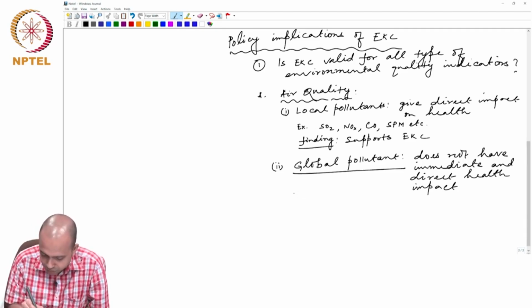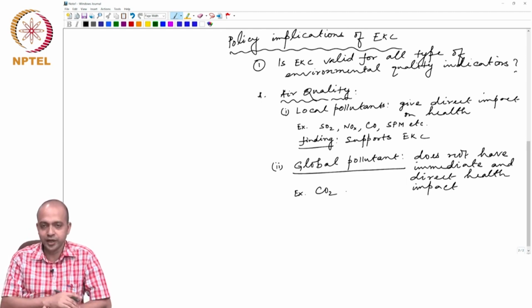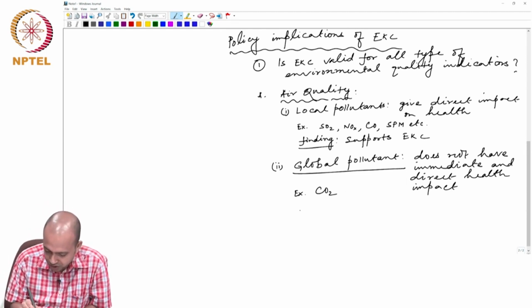And what is the example of this? The example is carbon dioxide or CO2, which is called a global air pollutant. And when you use this, then what is the finding?